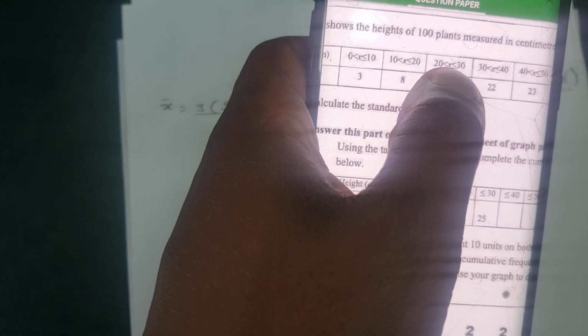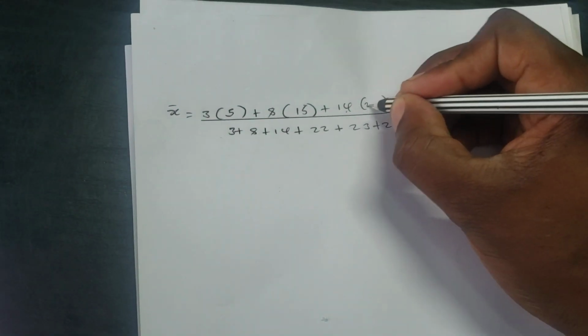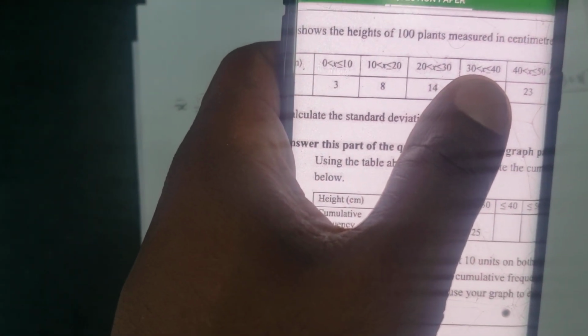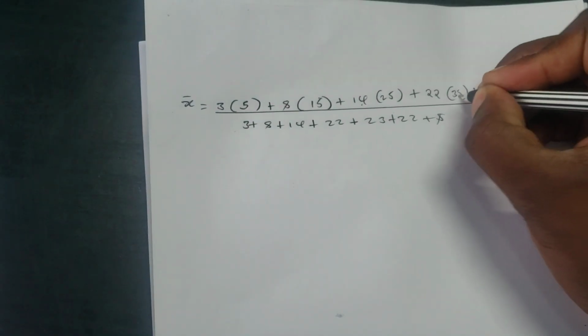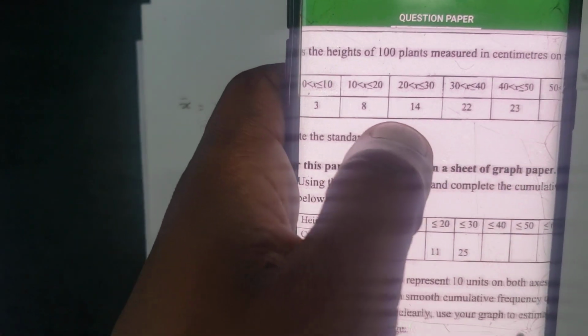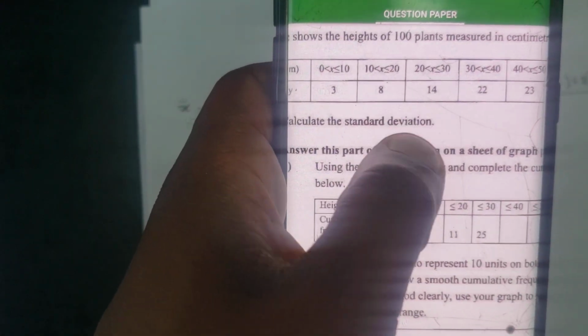Then 20 plus 30 is 50, 50 divided by 2 is 25. 30 plus 40 is 70, 70 divided by 2 is 35. Then 40 plus 50 is 90, 90 divided by 2 is 45.